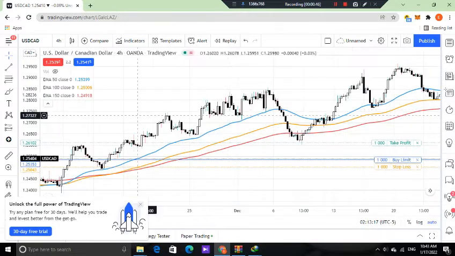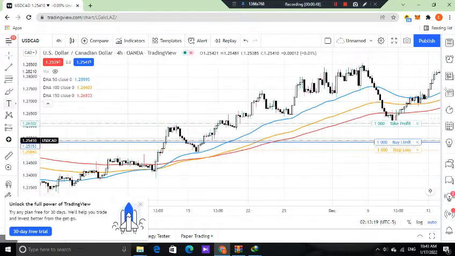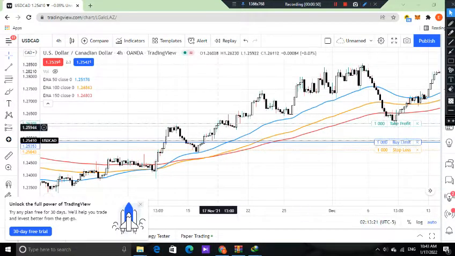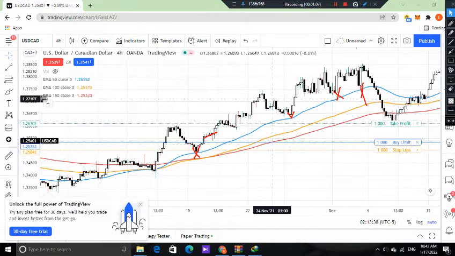When price hits these lines, these averages, you can see a reversal and it bounces above. So there's some support here.